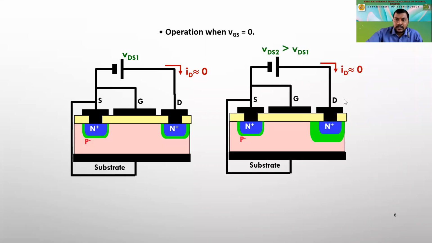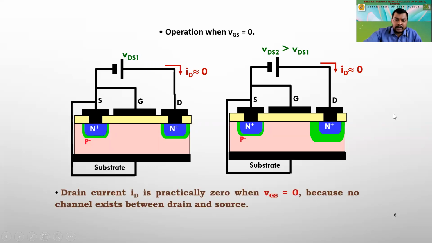Since there are no charges deposited on the gate, there are no electrons built up or induced in this region, so it is not going to change. Okay, so there is no current flowing through that. ID is approximately equal to 0.